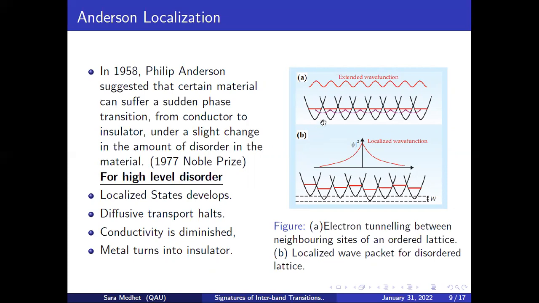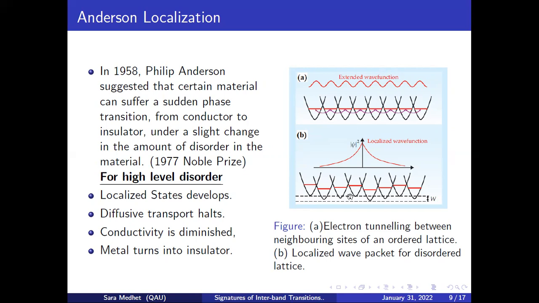Now here you can see that the inherent property of a metal is that the electron can move from one lattice site to another, and it is a perfect conductor. The wave function in that case is as shown above.